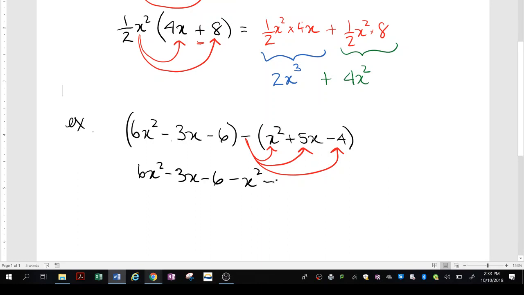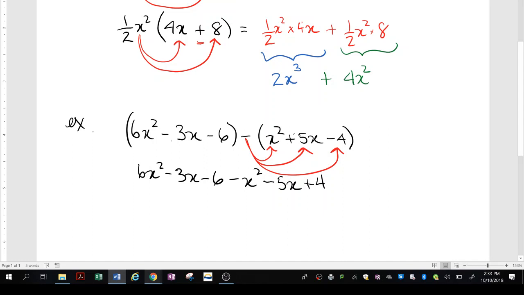So here we have minus 5x. We're no longer adding it because we are subtracting everything in this expression. Then we're subtracting -4. So when we have two negatives here, this becomes a +4. Now we've removed the brackets and we can combine like terms.